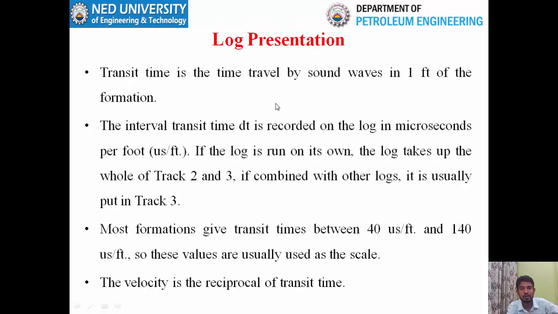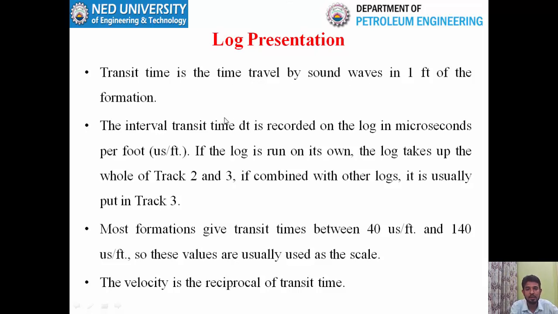Log presentation. This log is plotted on track number 3, or track number 2 and 3 combined, depending on whether the log is run on its own or with other logs. In this log, as we have seen, we are measuring the transit time of the sound wave, which is the time traveled by sound waves in 1 foot of the formation.